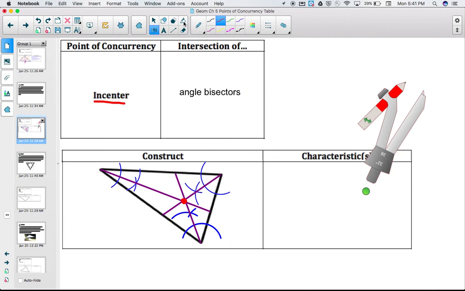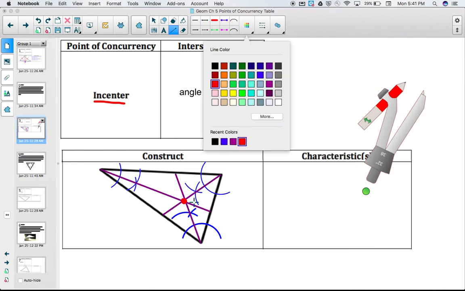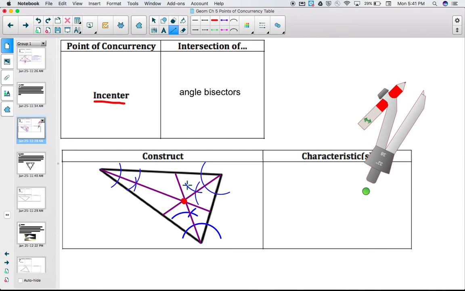Incenter is a little different than the circumcenter, and the main difference there is that it's not equidistant to the vertices, it's equidistant to these 3 sides. So the distance from that incenter to this side, the incenter to this side, and the incenter to this side are all the same.